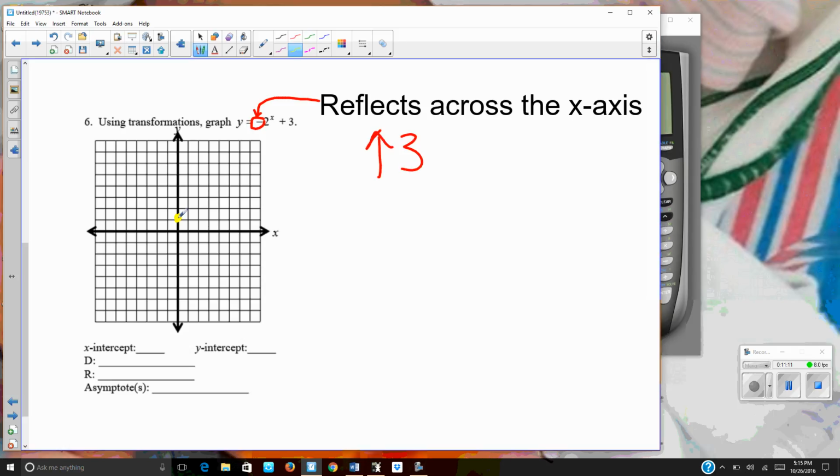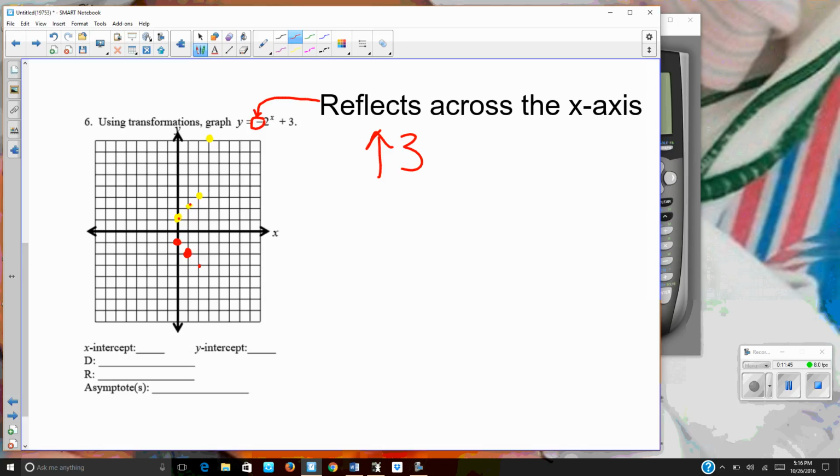So let's see what that would look like if we shift these parent function points. So this first point here in yellow from the parent function, it's 1 above the x-axis, so its reflection is just going to be 1 below the x-axis. The second point here is 2 points above the x-axis, so its reflection is 2 points below, and then so on and so forth.